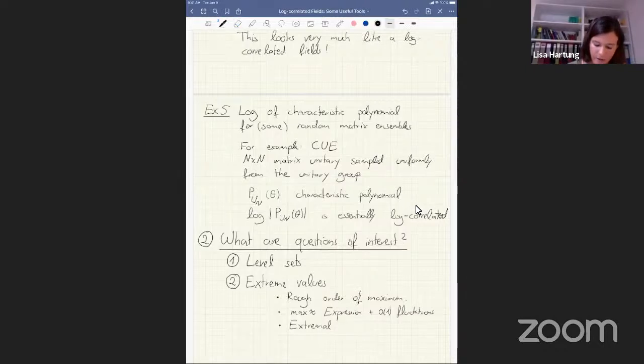So I can ask for the extremal process, and then I might also be interested in, but now how many are there? So I might also be interested in more quantitative results.